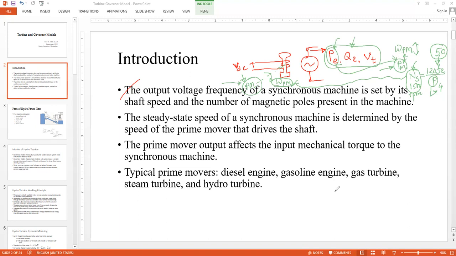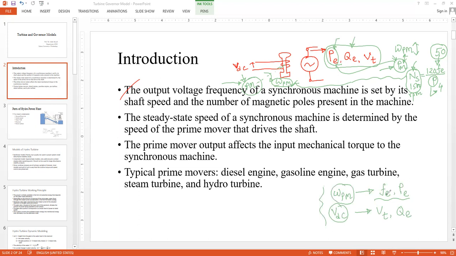So variation in the omega would be translated as variation in frequency and control in real power. On the other hand, variation in your excitation voltage, VDC, is going to affect the terminal voltage as well as the reactive power output. So this is in short the summary.